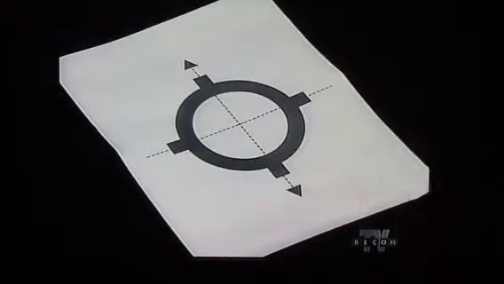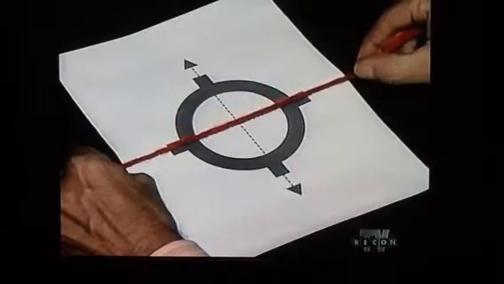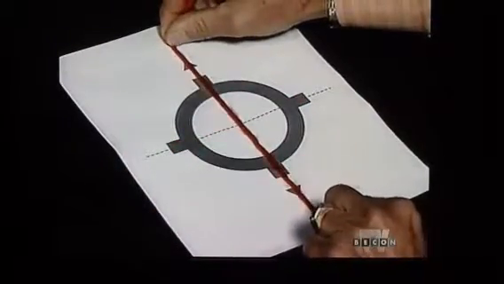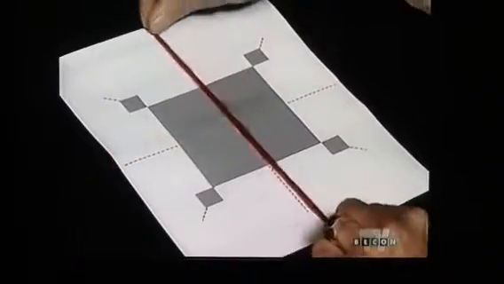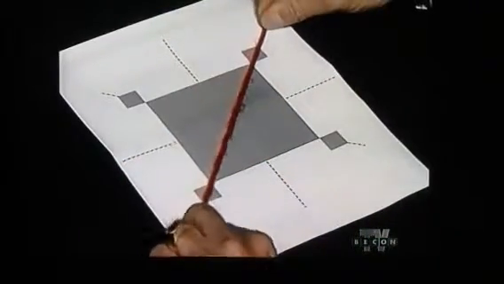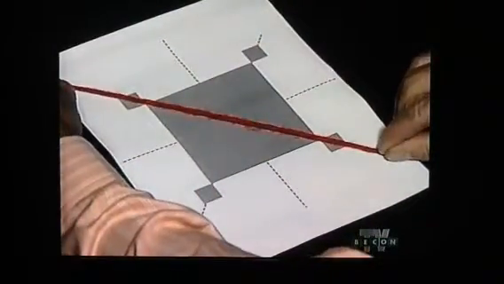Many objects have more than one line of symmetry. Let's look at a few samples. In this example, we see two lines of symmetry, a horizontal line of symmetry and a vertical line of symmetry. The next sample shows four lines of symmetry, a horizontal, a vertical, as well as two diagonal lines of symmetry.